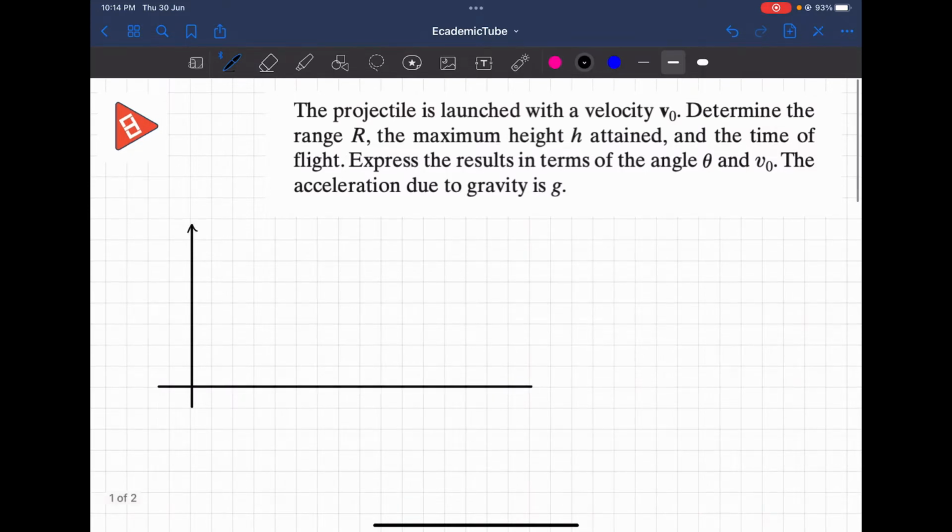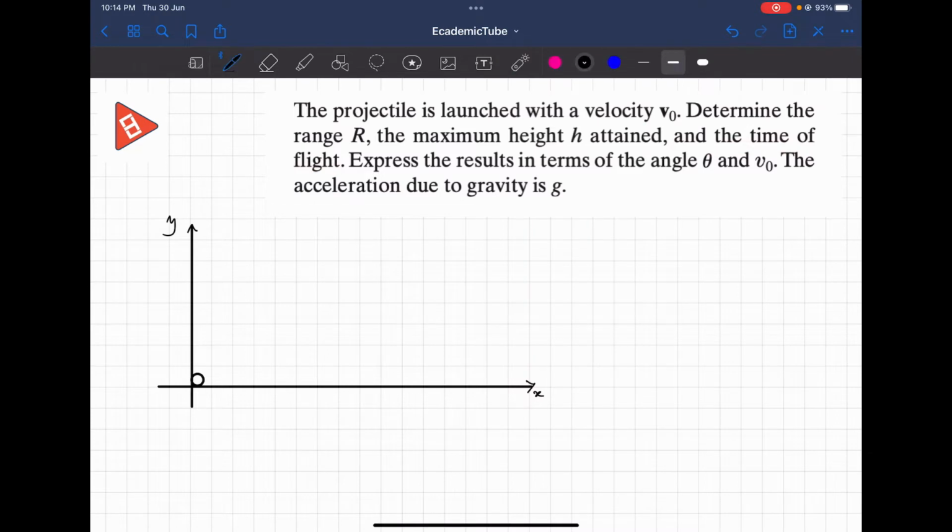This is our y coordinate, this is our x coordinate, and our particle is here. The projectile is launched with a velocity v0. Determine the range, maximum height attained, and the time of flight.